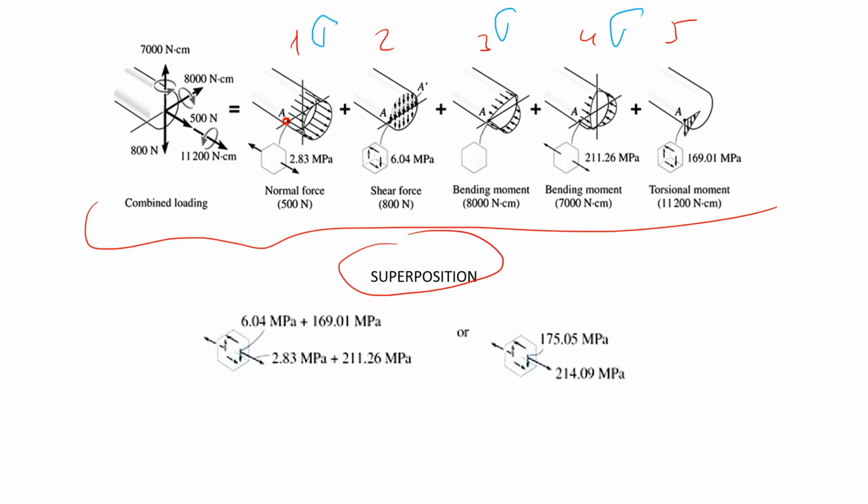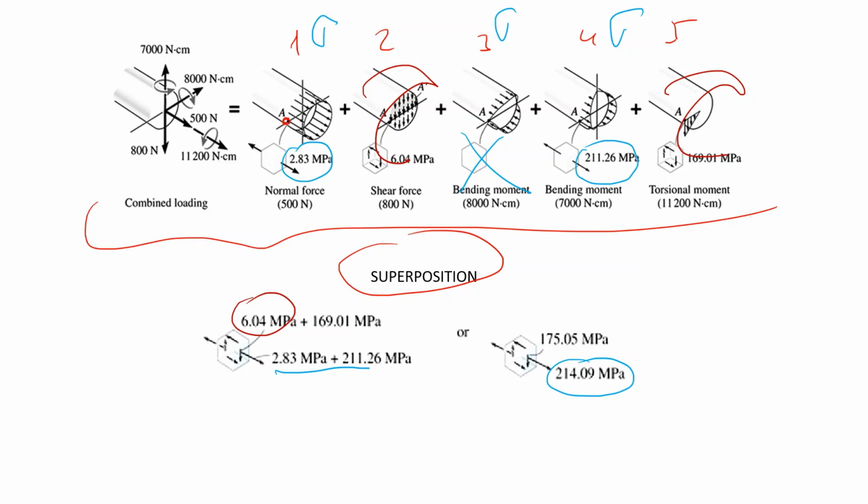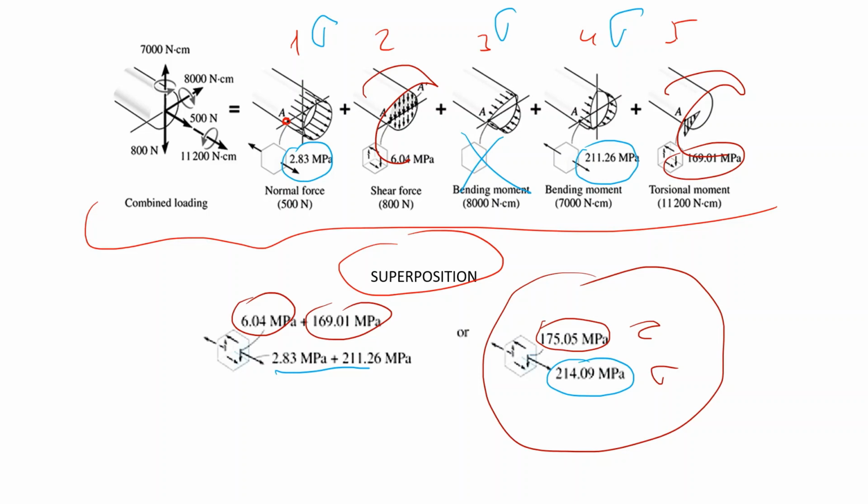That means 283 plus 211, this is 0, will give a sigma of 214. And we also know that the shear force and torsion will create shear stresses, and this is why 604 plus 169 will give a shear stress of 175. So this is the stress state in point A.